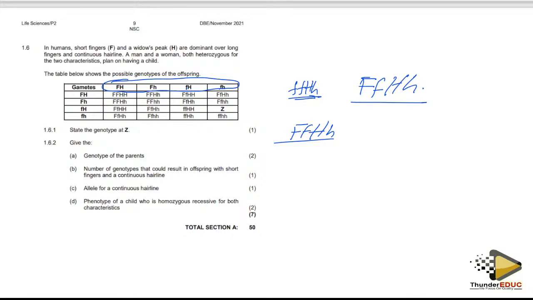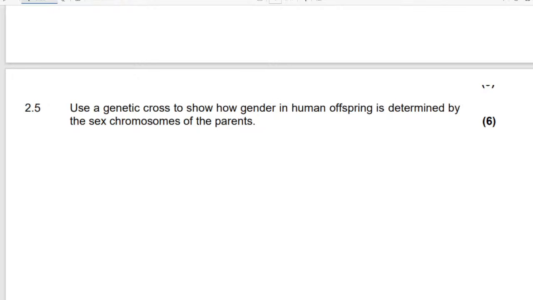They are not specific. How is gender determined? Use genetic codes to show how gender in human offspring is determined by the sex chromosomes of the parents.